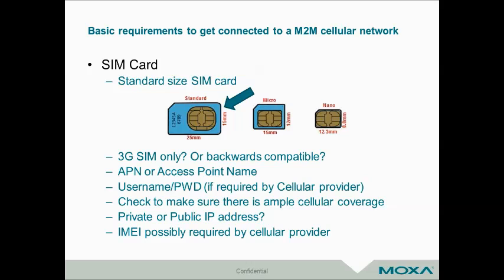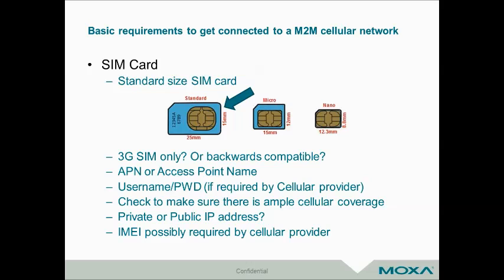Now there's one little thing to be aware of when talking about a cellular network that's a little bit different from your cell phone. That is that you have to know what an APN is. An APN is what's called an access point name, and it's basically identifying what cellular network you're connected to. This is a little bit different because when you get a cell phone, you buy it from the store.